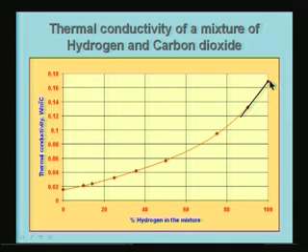So, if I draw a graph through all this data which is available, if I pass a curve, you see that very close to 100% hydrogen, that means I have a small percentage of carbon dioxide in the mixture, it is more or less linear.